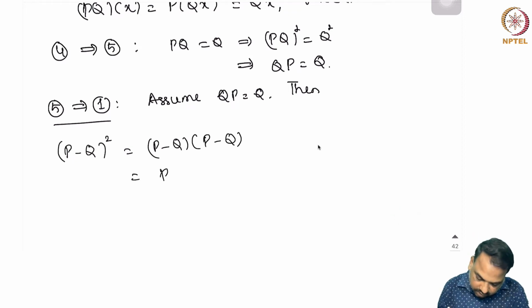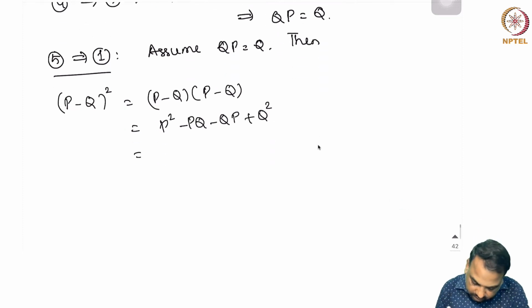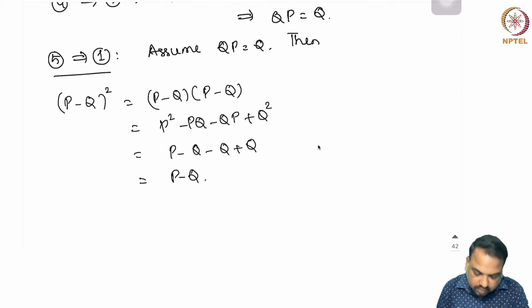It is P squared minus PQ minus QP plus Q squared. We know that QP is Q, and similarly PQ is also Q. So this gives P minus Q plus Q minus Q... so this is P minus Q.